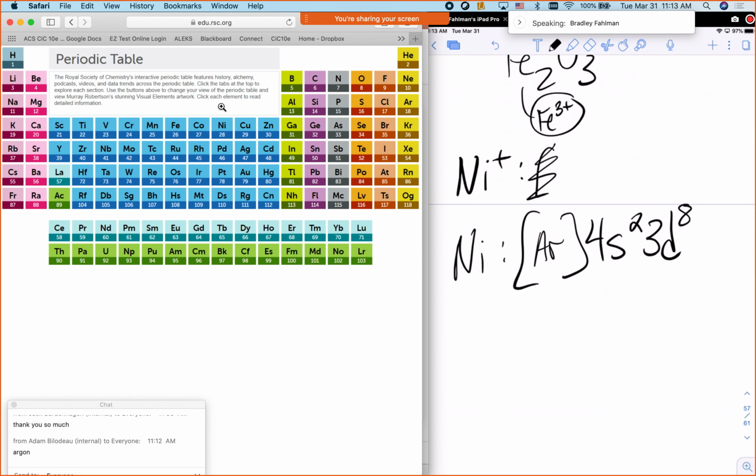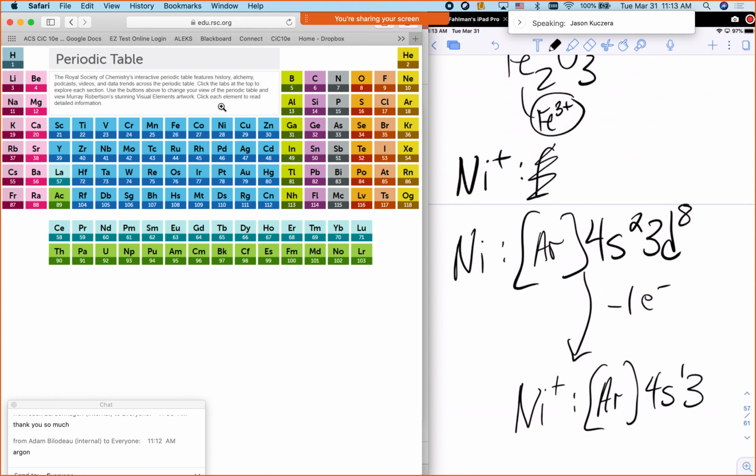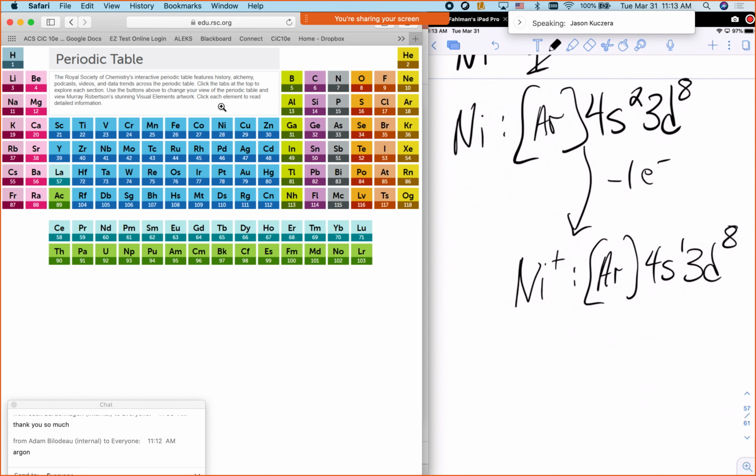And so nickel plus is just going to be Ar 4s 3d8. 3d8. Okay, yep. So you're losing the s electrons first.